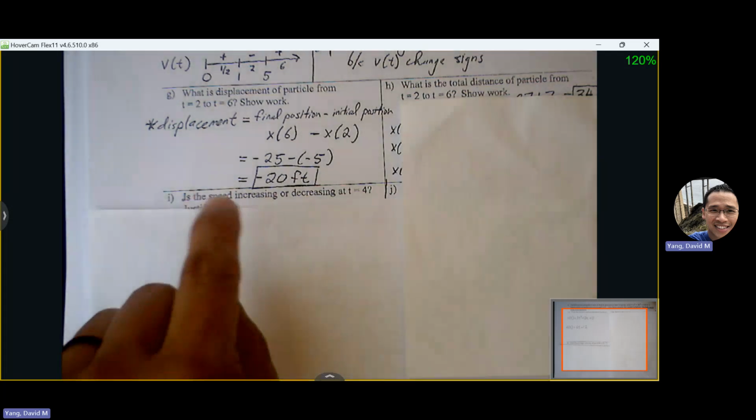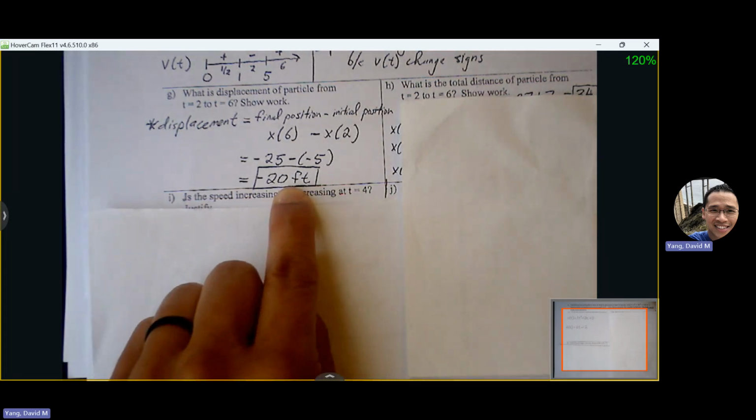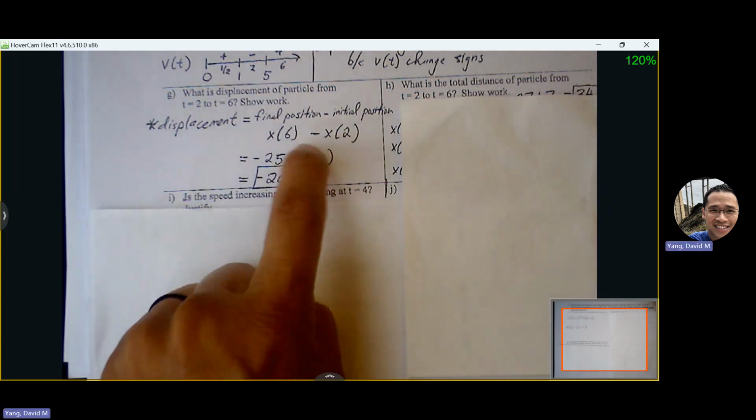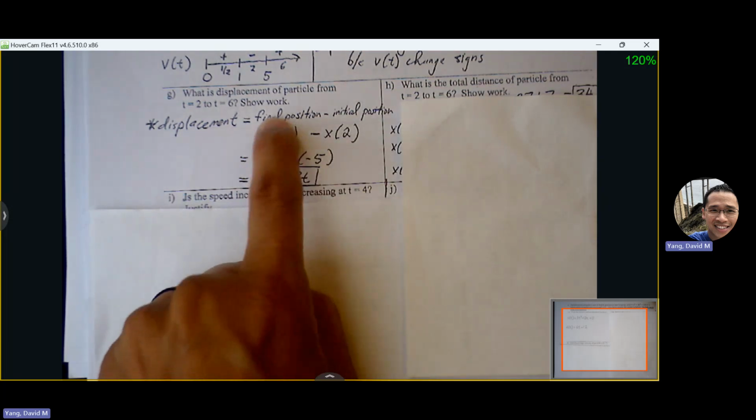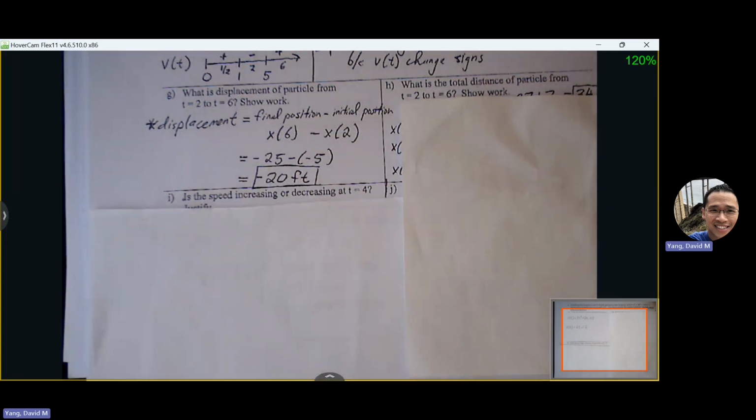That negative 20 feet indicates that this particle is going to be 20 feet to the left of where it started. I see some students want to divide by 6 minus 2, but this is not slope. This is just displacement. It's just final position minus initial position.